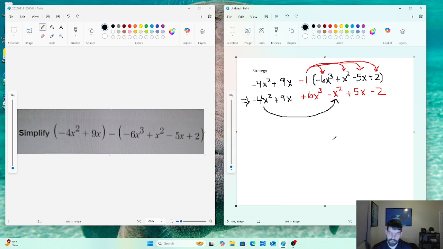So remember, just as a quick recap and recall of like terms, they have to have the same exact variables, and each of those variables have to go to the same power. So negative 4x squared and negative x squared are like terms. I will combine them, and that's going to be negative 5x squared. Then we have positive 9x arrow to positive 5x. That's going to be plus 14x.